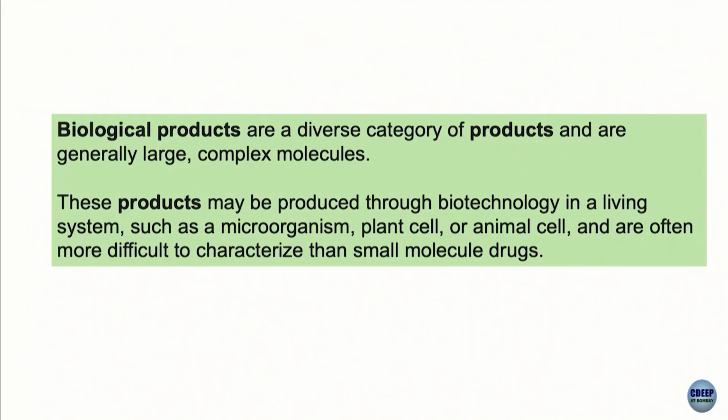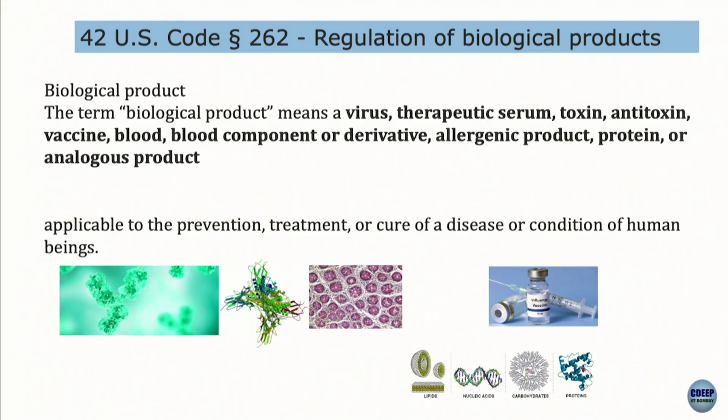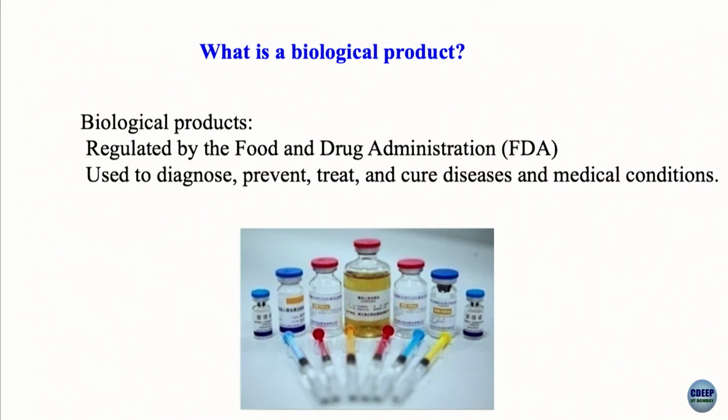According to the set norms, biological products are a diverse category of products that are generally large complex biomolecules, produced through biotechnology using microorganisms, plant cells or animals, and are often more difficult to produce and characterize than a small molecule, right. As per the code of regulations, biological products means virus, therapeutic serum, toxins, antitoxin, vaccine, blood components and derivatives, allergenic products, protein and analogous products.